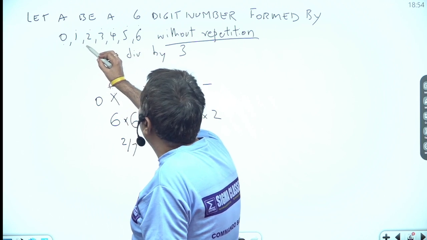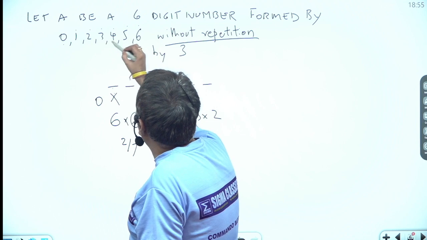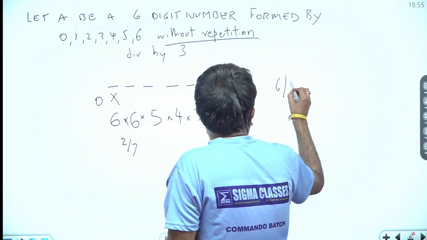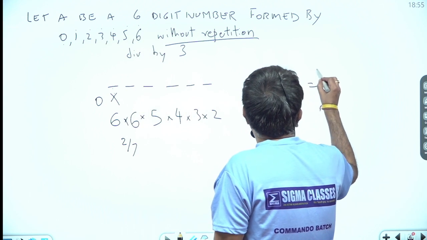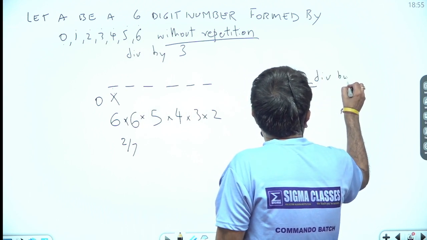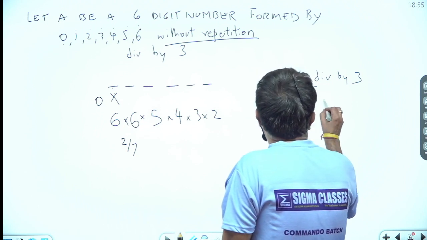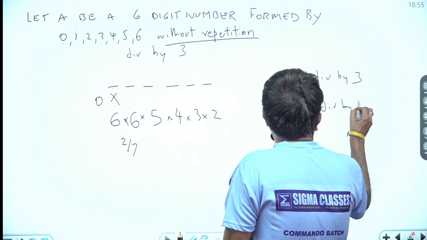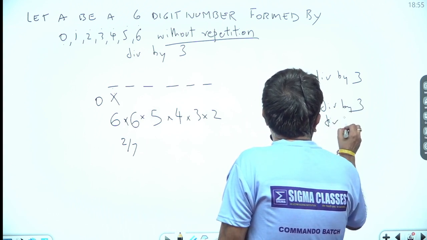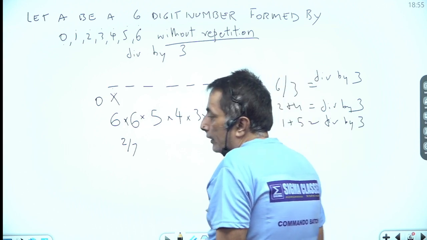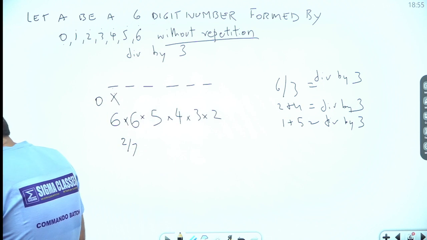Since you are using all these digits, 6 and 3 are already divisible by 3. 2 plus 4 will be divisible by 3. 1 plus 5 will be divisible by 3. So immediately you come to this.